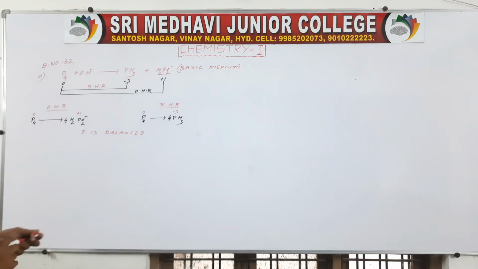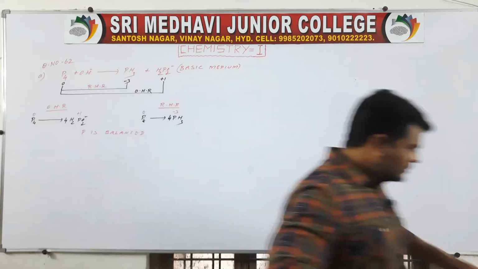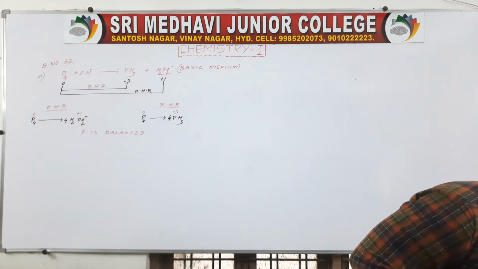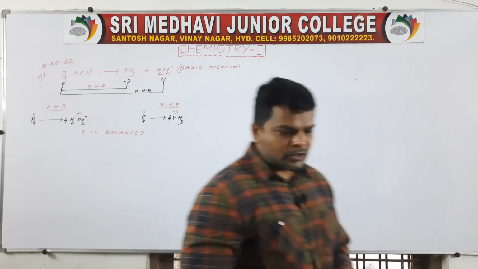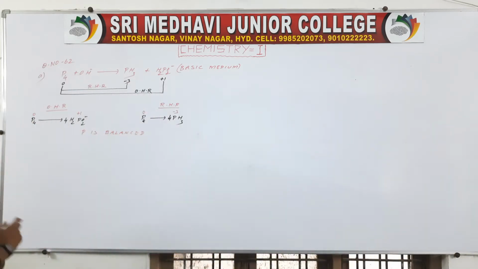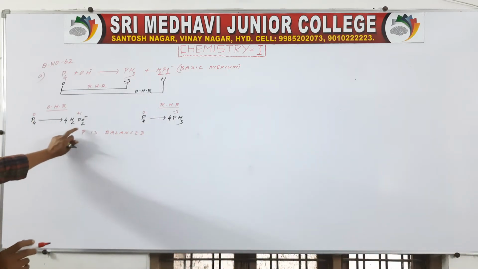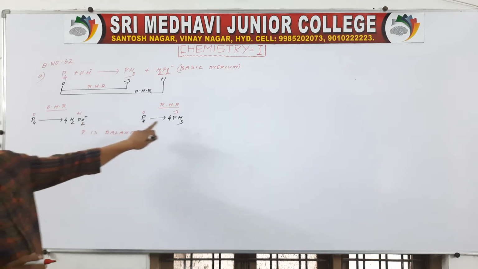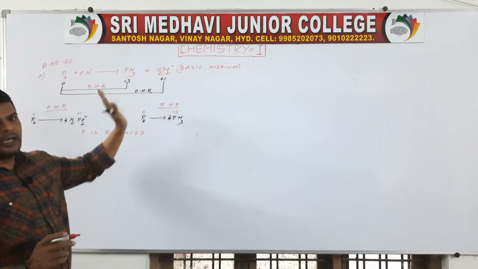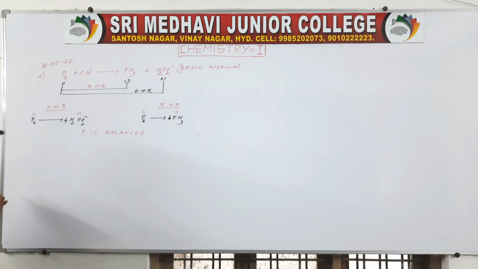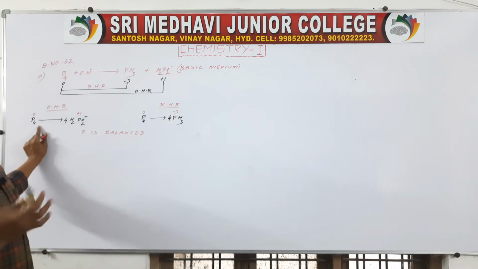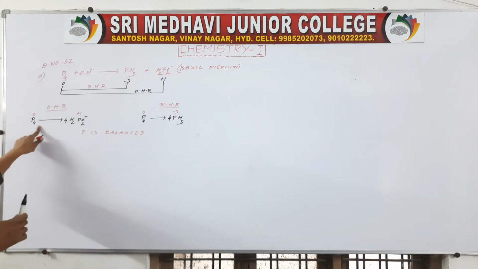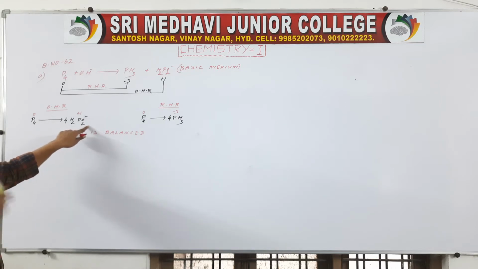Then we have to balance oxygens. Here 4 2s are 8 oxygens, here no oxygens, so leave this. Here 4 2s are 8 oxygens.